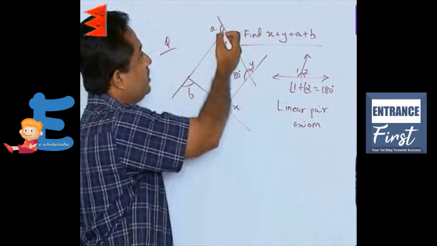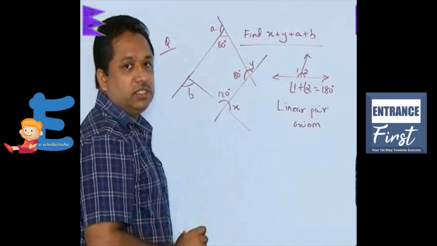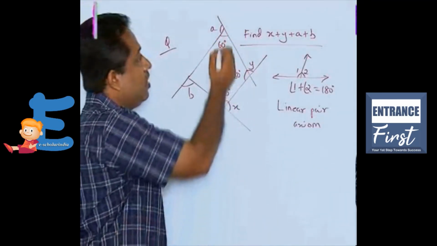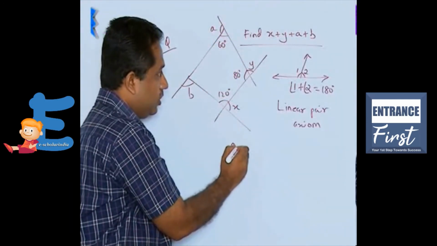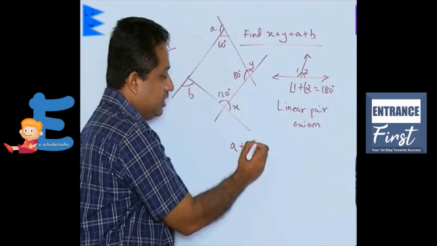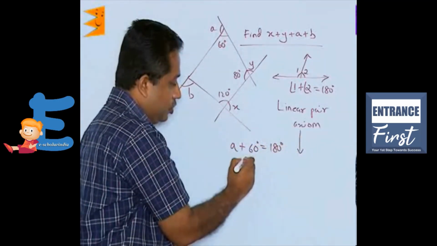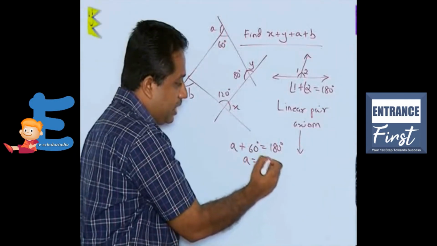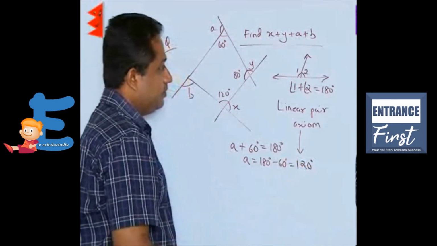So here in the first case we find that this is a line, and the angle here is 60 degrees. So A can be found out by subtracting 60 from 180, because A plus 60 should give us 180 by this linear pair axiom. So A becomes 180 minus 60, therefore the value of A is 120 degrees.